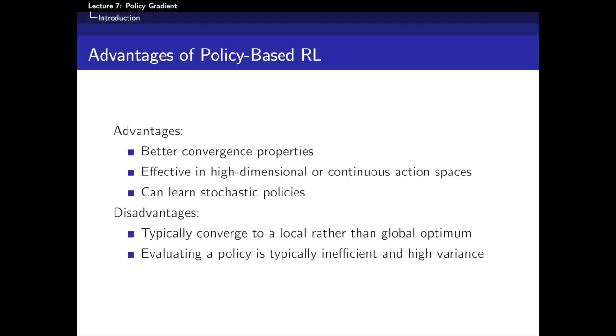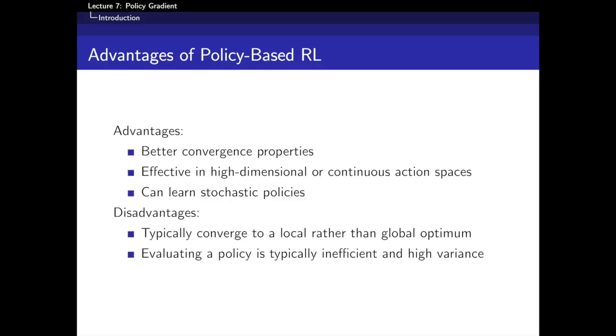Whereas if you just follow the gradient of your policy, these methods tend to be more stable. You're smoothly updating your policy. You don't get these dramatic swings in what action you're going to take, because you just make a little incremental change to your policy and you move in the direction that makes your policy better. And indeed if you just directly follow the policy gradient, you're guaranteed to converge at least to a local optimum.